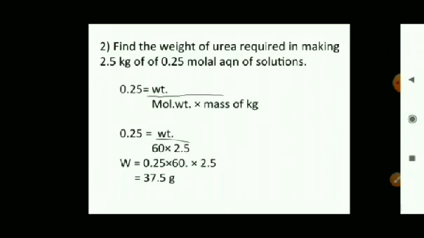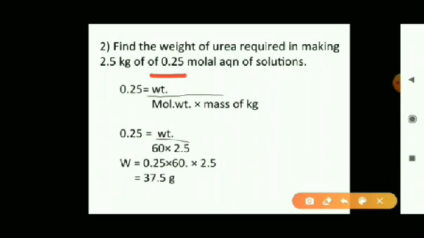In that book, an example is given related to the same topic: find the weight of urea required in making 2.5 kg of 0.25 molal aqueous solution. Read the question twice, thrice.